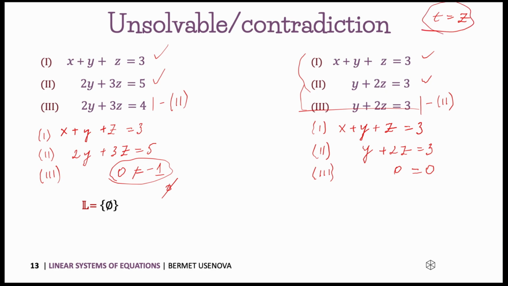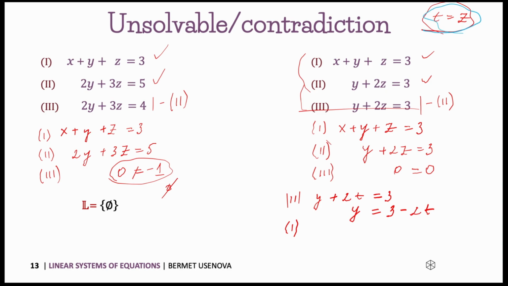So for example, we write the second equation as y plus 2t equals to 3. And we solve it for y. 3 minus 2t. And then we take the first equation and solve it for x.